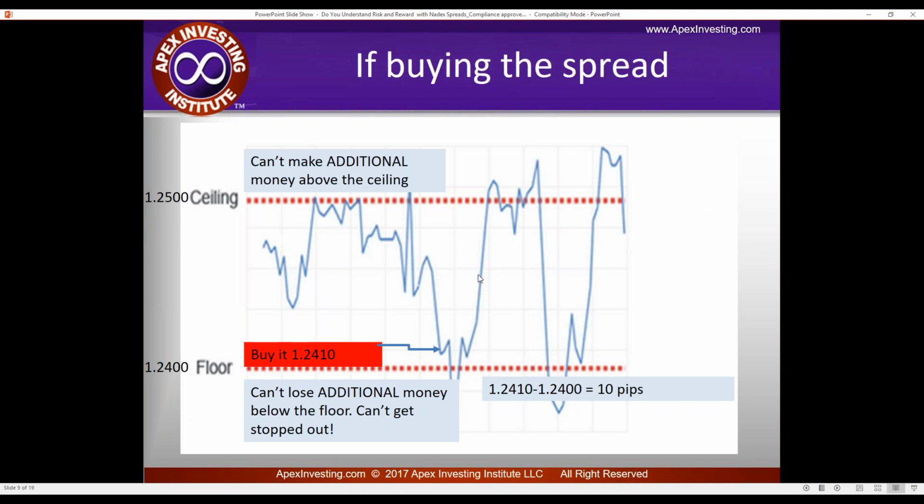Each point is worth $1. So what's my dollar amount risk on this trade? If I bought at 2,450, I am only risking down to 2,400. 50 points, $50. So if I bought in that trade right there at 2,450, how much money is Nadex going to put on hold out of my account to enter this trade?